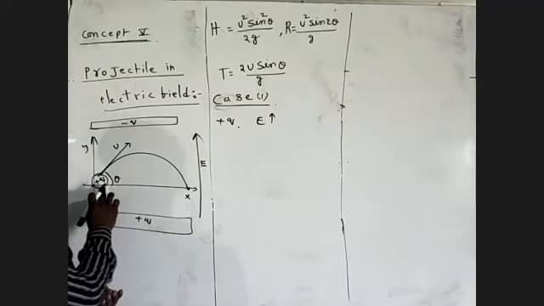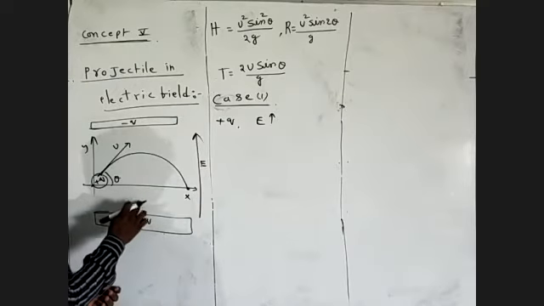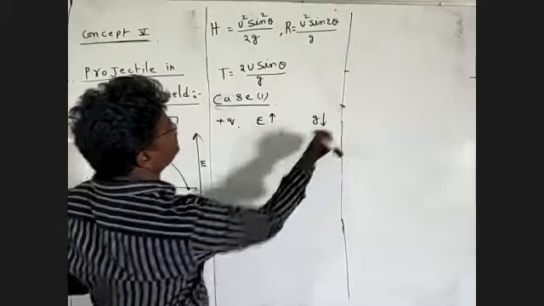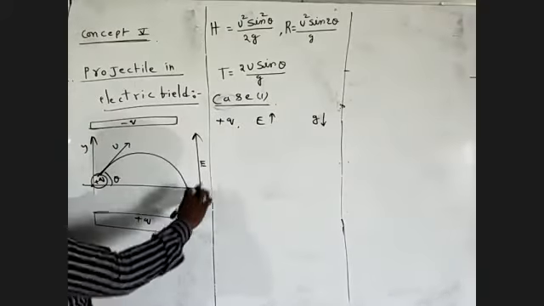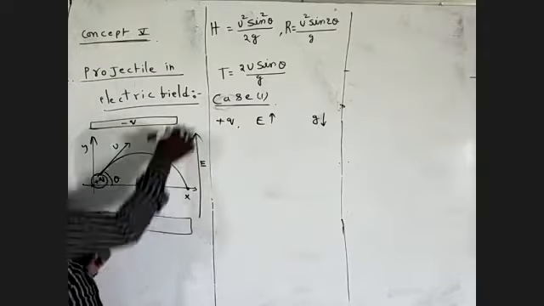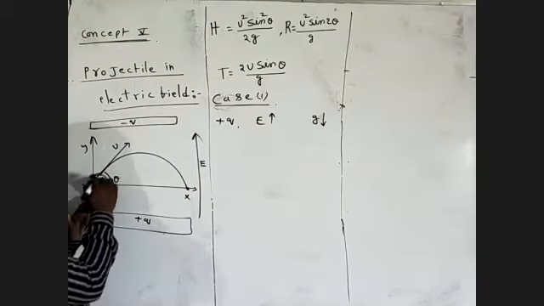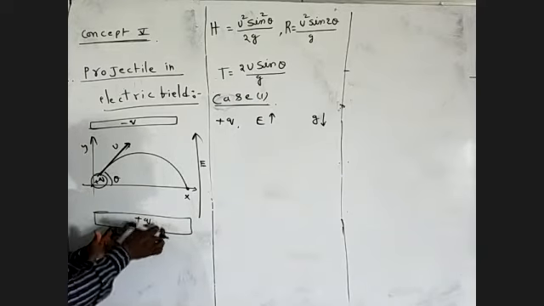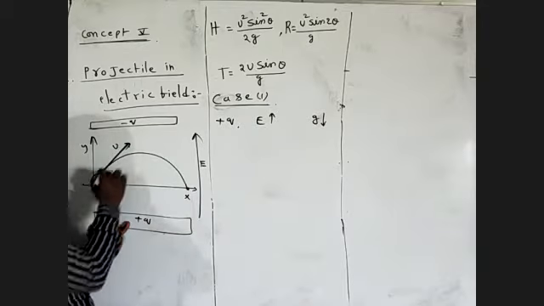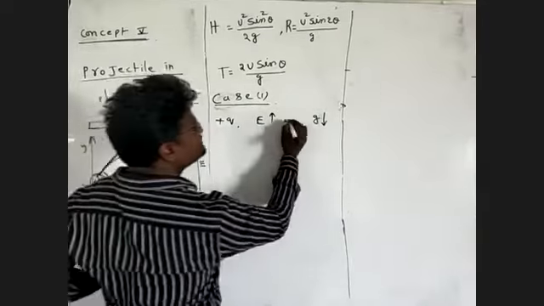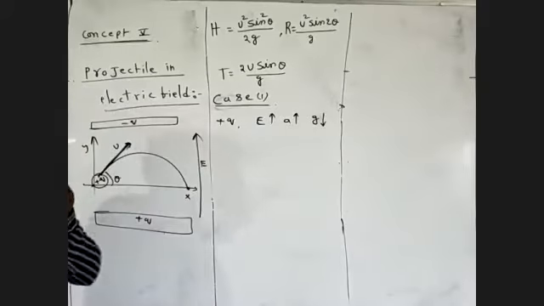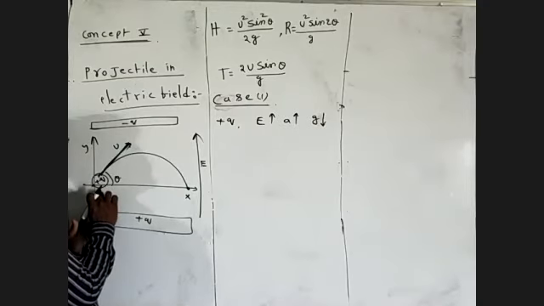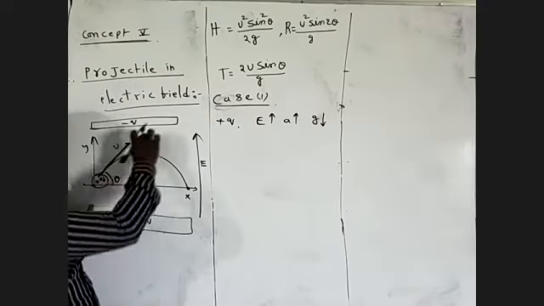Now gravity is also present in this situation, and gravity is always in the downward direction. This positive charge moves with a velocity u in this direction.